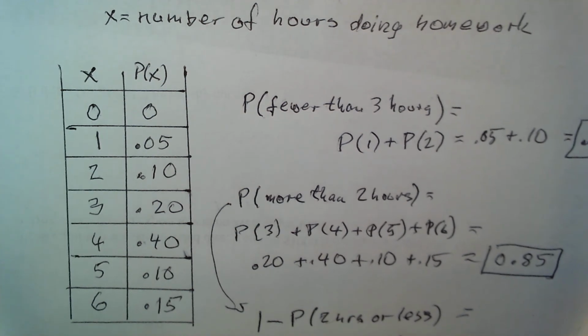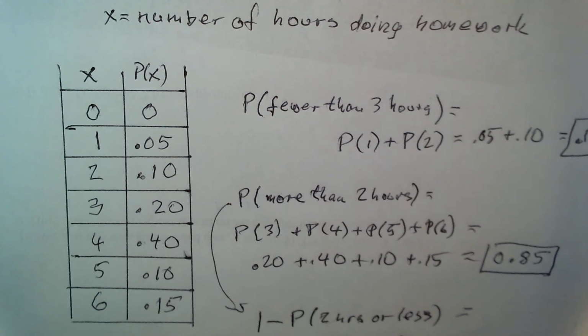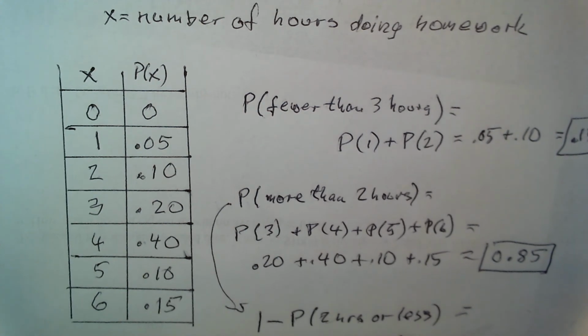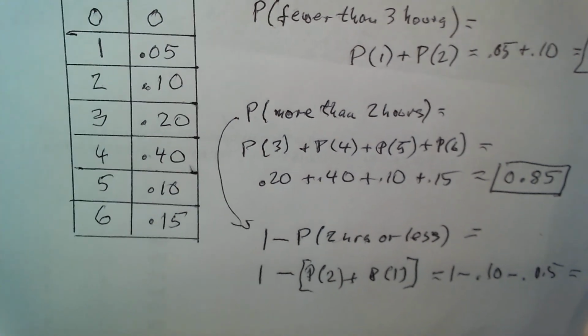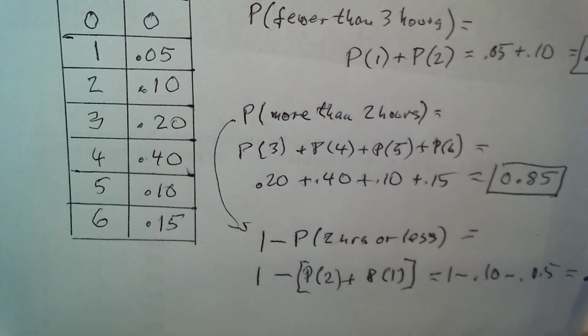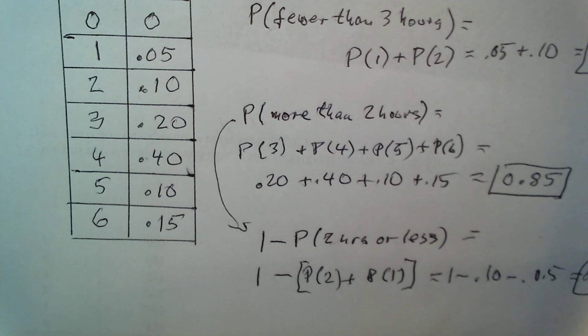So it would be 1 minus 0.10 minus 0.05, and that of course is also equal to 0.85. So we could use a complement in this case also to come up with the same answer.